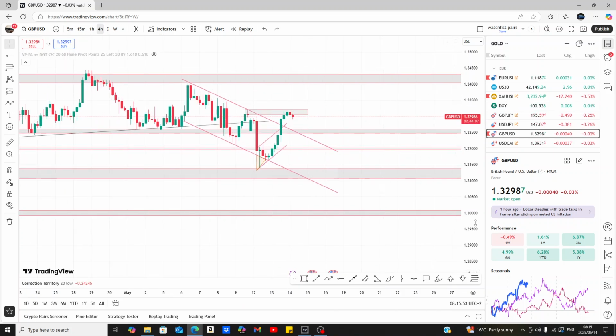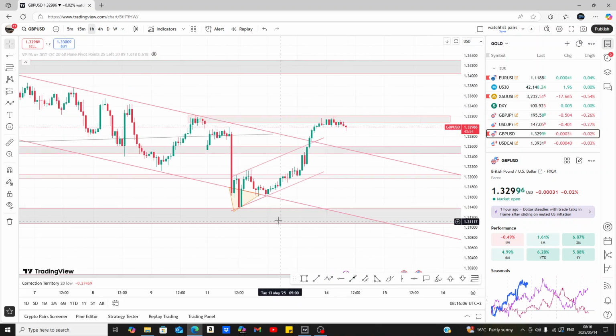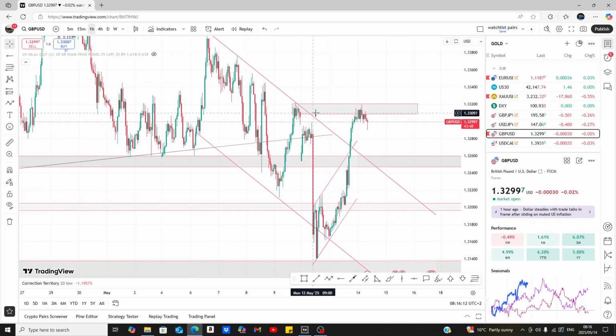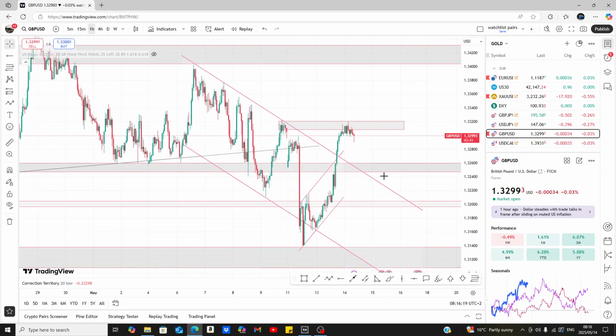But this one is not very, how do you say, not very convincing, right? Because if you can see, price previously respected this previous high, right? So one of the things I've noticed in these years I've been trading is that when price respects a previous high after breakout without giving an initial correction, it's more like a fake out, right?